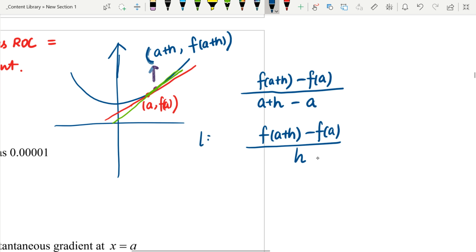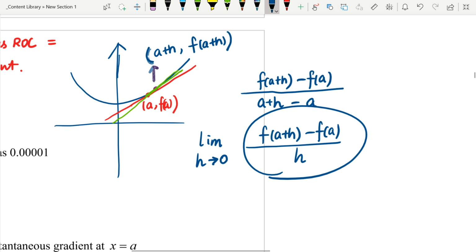After we learn limits, we will set the limit as h approaches zero of that function. h can be anything, but now I don't want h to be large. I want h to be as small as possible, so I make h approach zero. Now the green line's gradient approaches the red line's gradient.